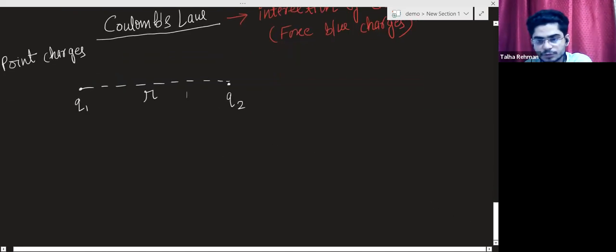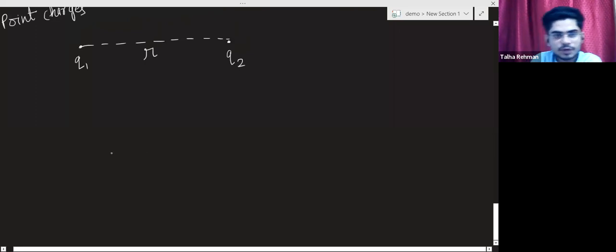According to this law, number one, the force between these two charges, whether positive or negative, no matter. If both are positive, there will be a repulsion.